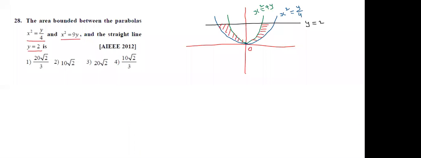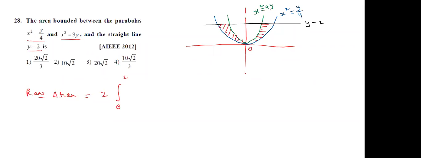Find any one of the areas, enough. Now, required area is equal to 2 into the integral with limits 0 to 2. 2 is the y value, origin also 0 comma 0, you know very well.